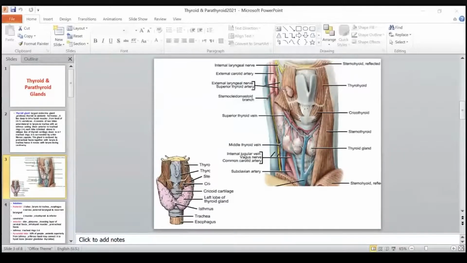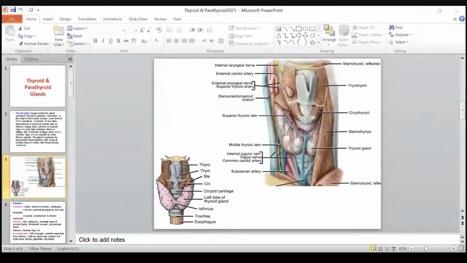the two layers of the infrahyoid muscles, the sternohyoid muscle and the thyrohyoid muscle. Here is the sternothyroid muscle from the sternum to the thyroid, and then we have the thyrohyoid muscle here above, and then we have the sternohyoid deep to it.